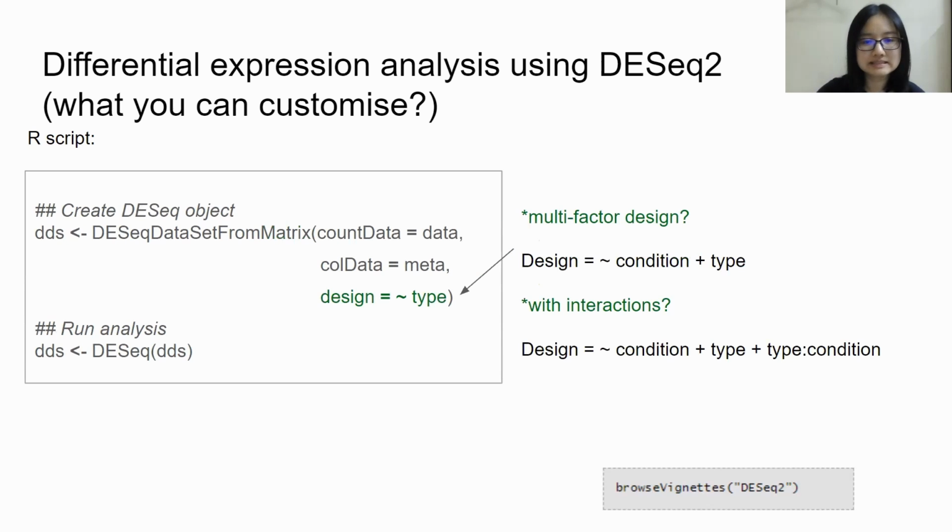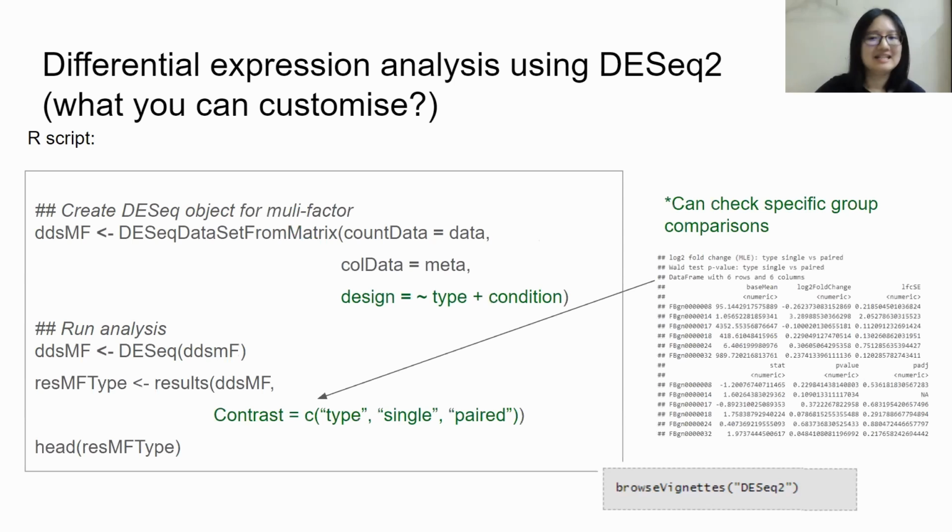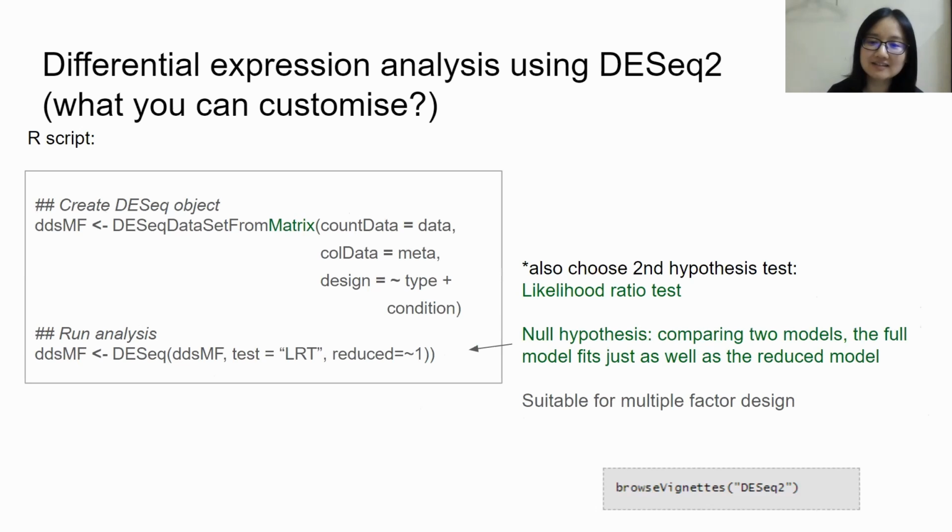The other thing is the design, which means instead of the single factor design, we can also apply multi-factor design or with interaction, which is something more complicated. And if we use the multi-factor design, we can check the result based on a specific group comparison. And also you can choose another type of hypothesis test with the LRT, likelihood ratio test.